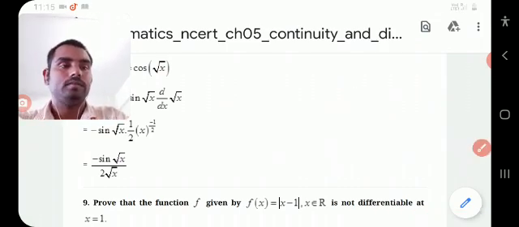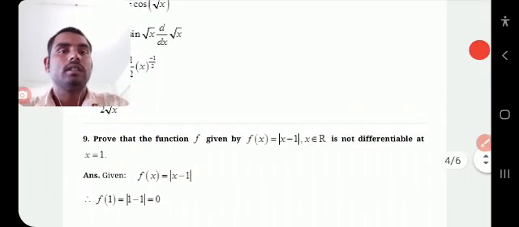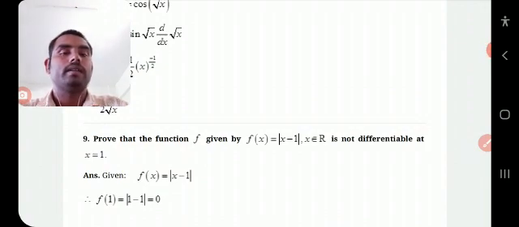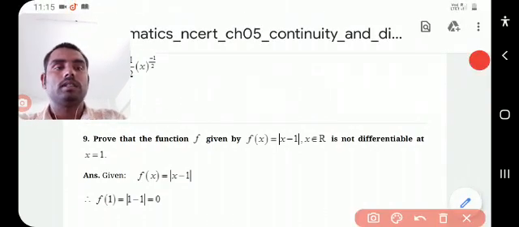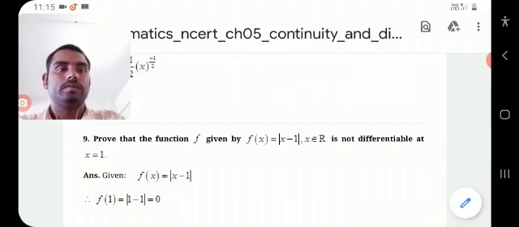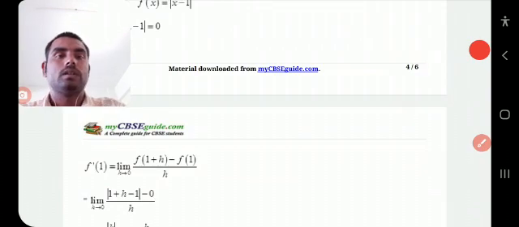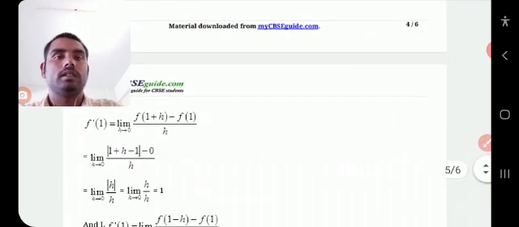Okay. In this way, I will check this question. So here, f of x equal to x minus 1. So f at 1 point, 1 minus 1, that is equal to 0. Okay. Next. Now it is the right part. Similarly, 1 plus is in this way.